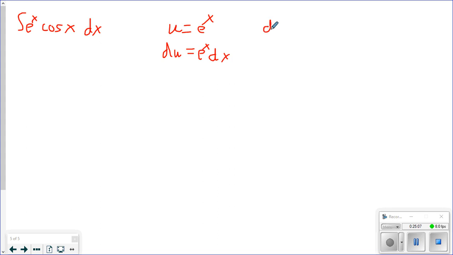And then we'll say dv equals cosine of x dx, and v equals sine of x. Oops, not dx, just sine of x. All right, so here's where, if you've been listening to me all year saying let's be very careful about what we have, let's always start with our expression and set that equal to something.